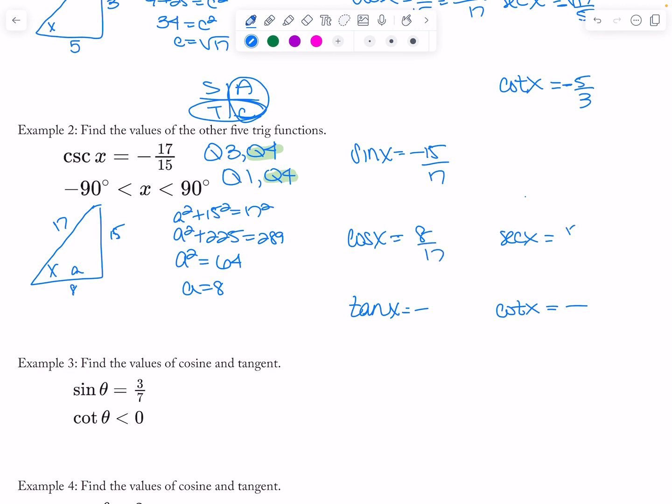So my secant is 17 over 8. And then my tangent is opposite over adjacent, so 15 over 8, and cotangent is 8 over 15. I made the error of getting rid of the negative sign, but both tangent and cotangent are negative, and my sine is also negative, but everybody else was positive.